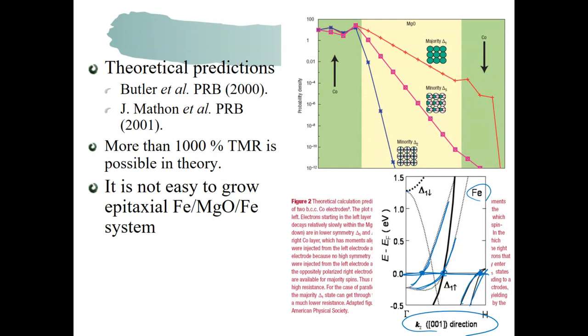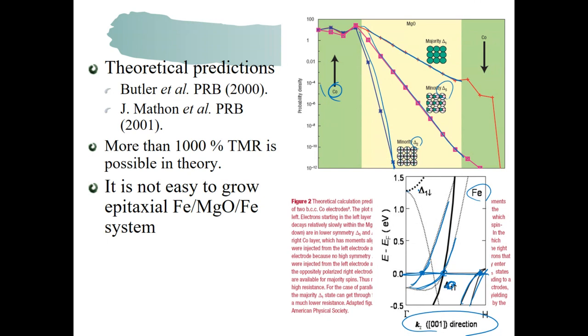But in the MgO case, the delta 1 band tunnels only to the delta 1 band and delta 5 to delta 5. It's the same for cobalt. For the delta 1 band, the tunneling decay length is smaller, so there is a finite tunneling, while delta 5 and delta 2 have a more rapid decrease of the tunneling probability.